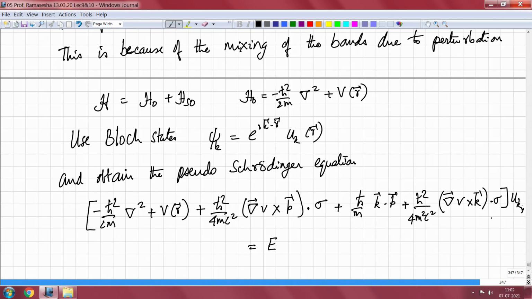Actually you must also have a band index n, so let me write the band index also. It is equal to E n k minus h cross squared k squared by 2m times u n k of r.